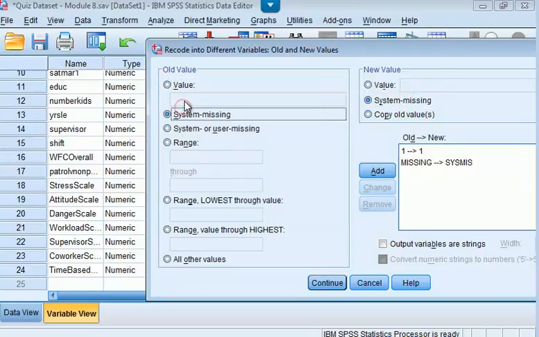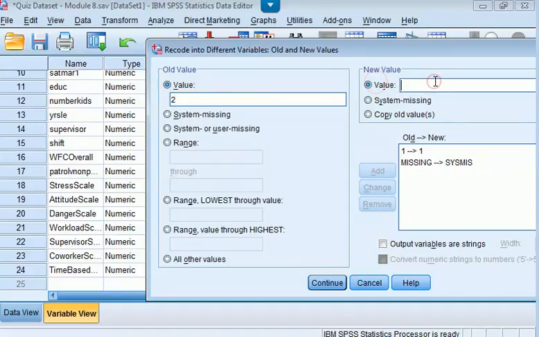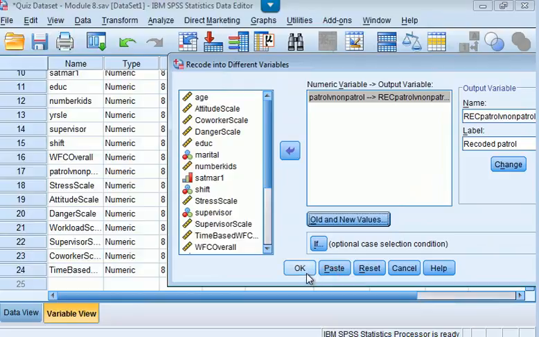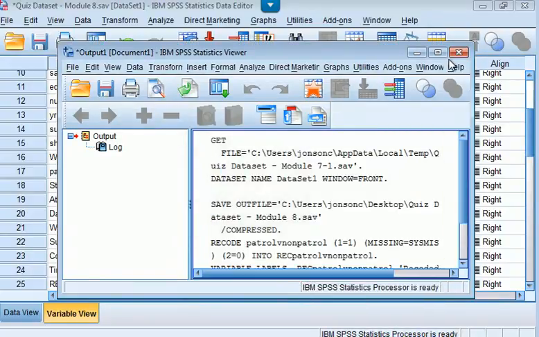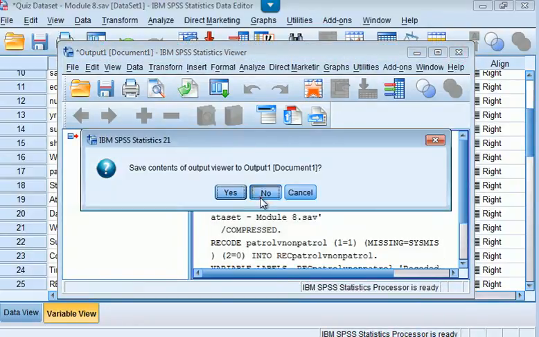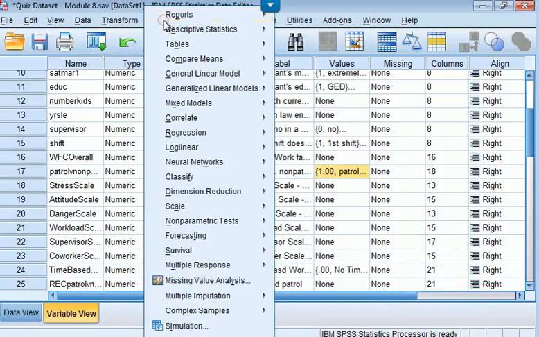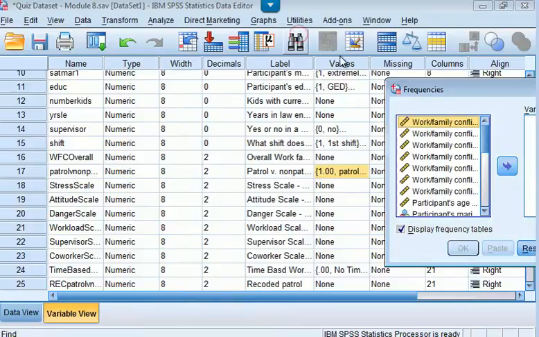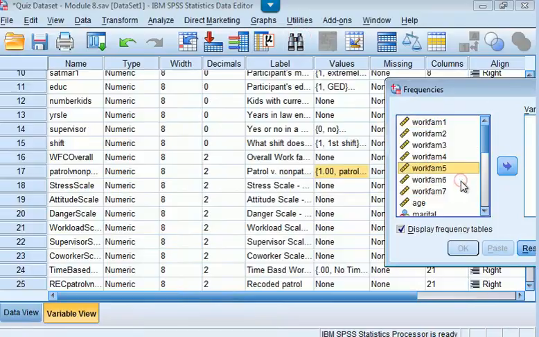And then 2 is now 0. Add, click continue, click OK. So you get that file. Again, analyze it to find your descriptives and frequencies to make sure it was done correctly.